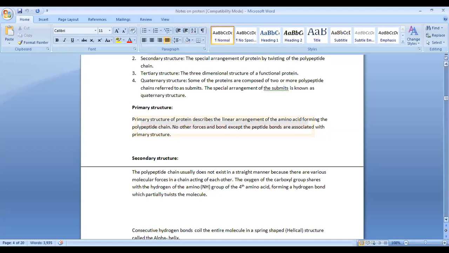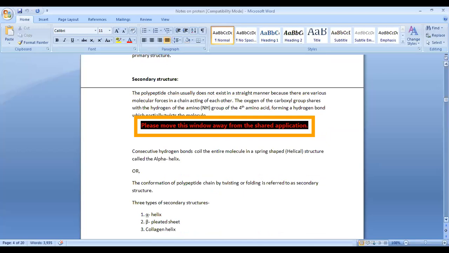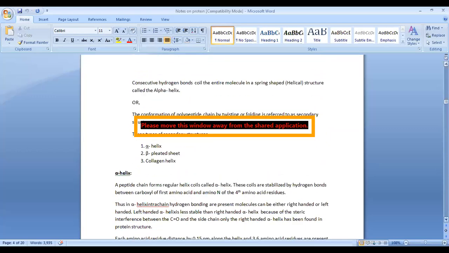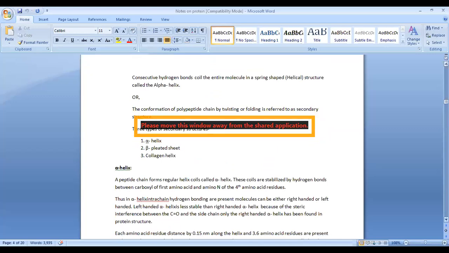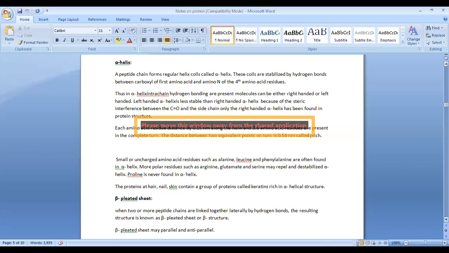There are three types of secondary structure: one is alpha helix, second is beta pleated sheet, and number three is collagen helix. The first one I am talking about is alpha helix. The alpha helix is a helical structure. Next time I will show you.